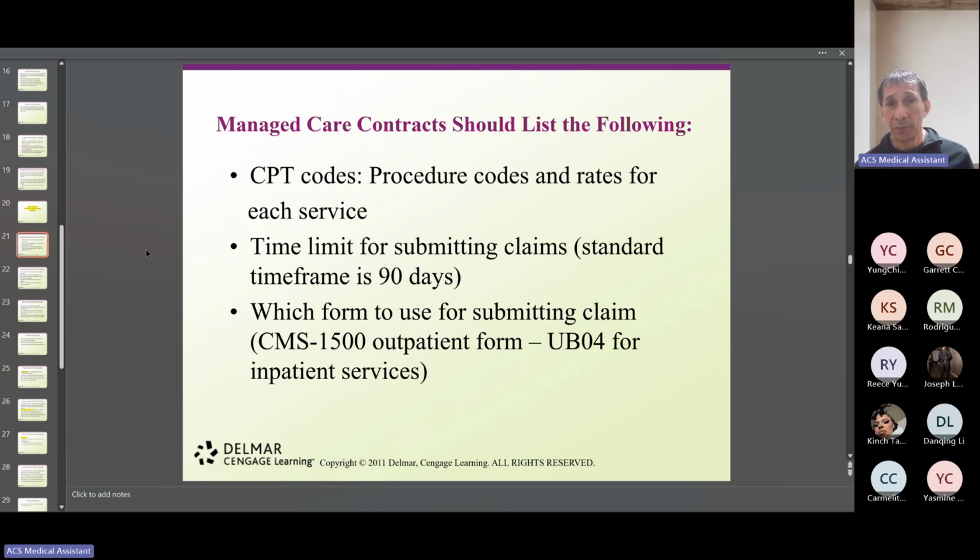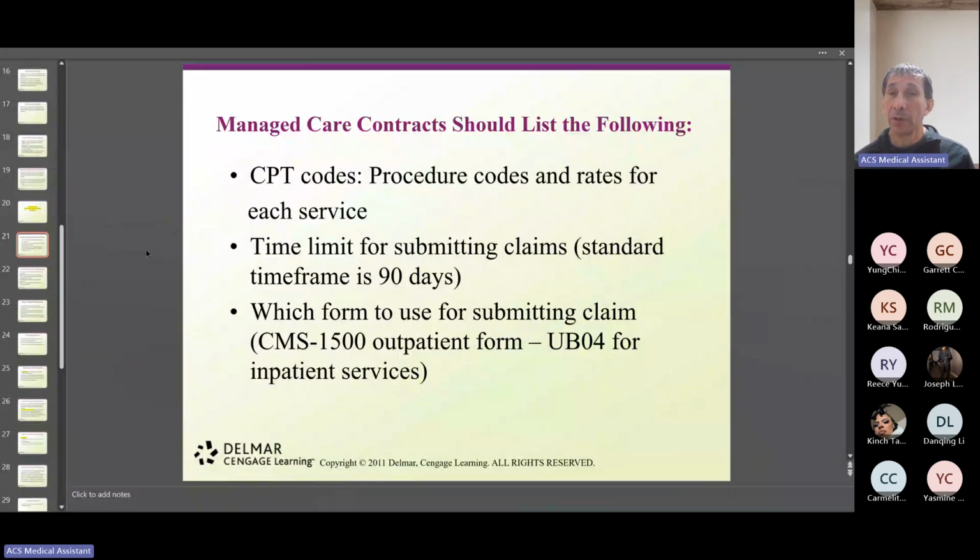Remember, this is for procedures. If I draw blood, if I do an EKG, if I do a Pap smear, if I do a colonoscopy, if I do any of those procedures, anything that includes doing a procedure is called a CPT code. That's what it is.